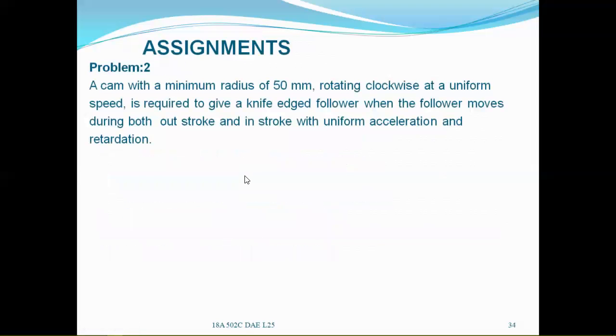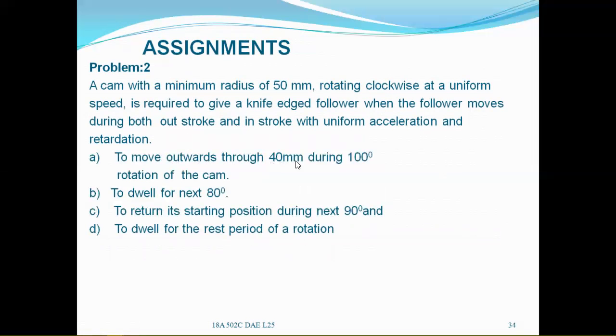Next assignment. A cam with a minimum radius of 50 mm, rotating clockwise at uniform speed, is required to give uniform acceleration and retardation to a knife edge follower, and to move outwards 40 mm during 100 degrees of rotation of the cam, then dwell for the next 80 degrees of cam rotation, and return to its starting position during the next 90 degrees.